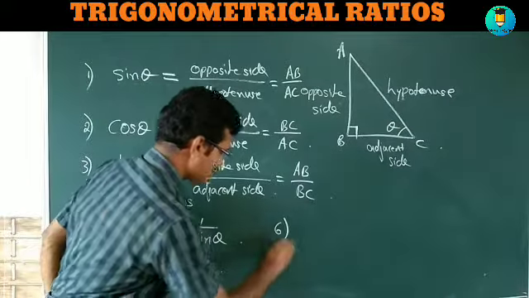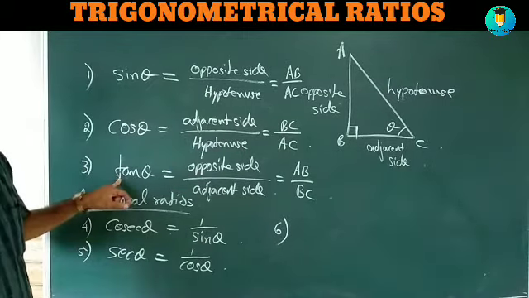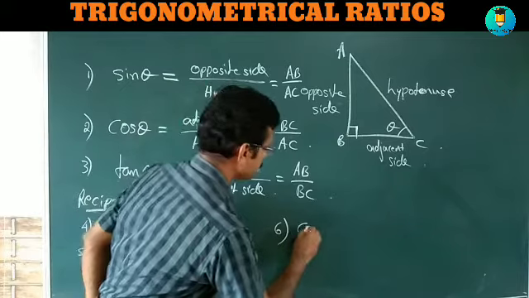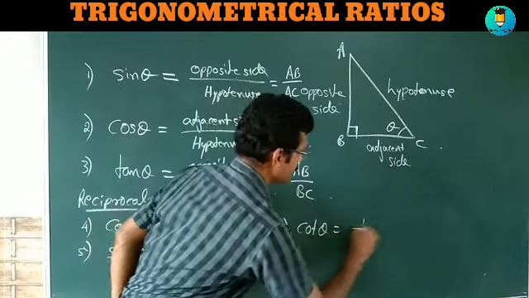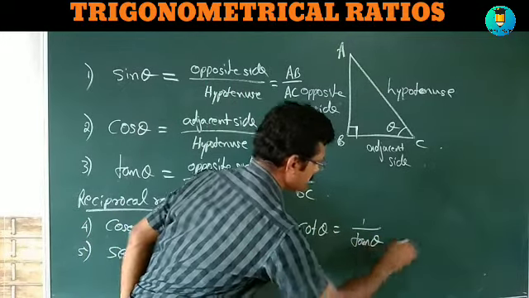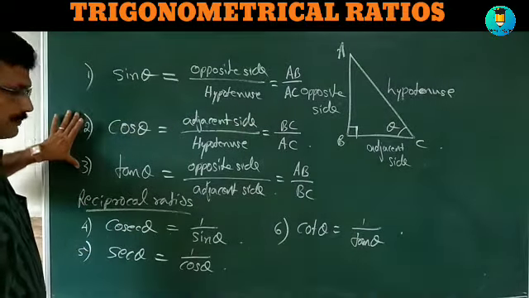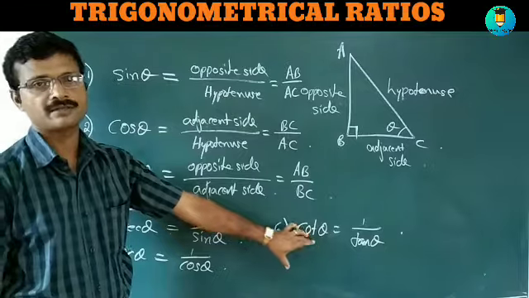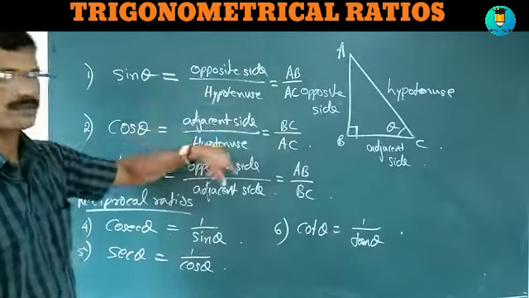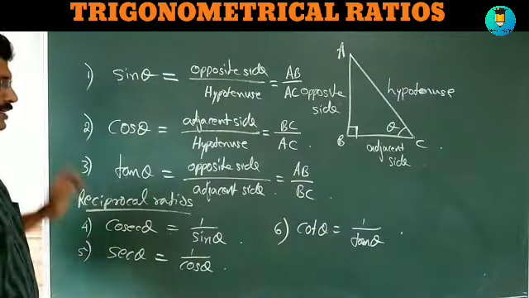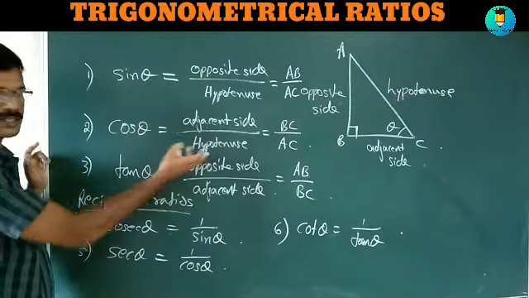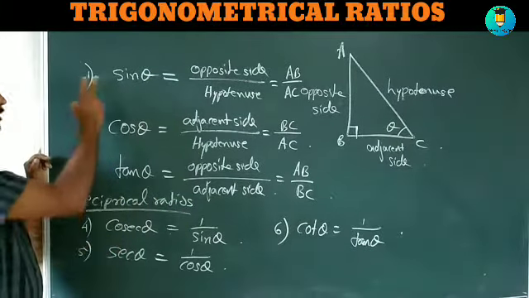Now the next one is the reciprocal of tan, that is known as cot theta, that is 1 by tan theta. So these are the first three. If you know them, the next three you can learn automatically. It's just the reciprocal of the first three. So memorizing the first three is important. The other three, you have to not mix up.